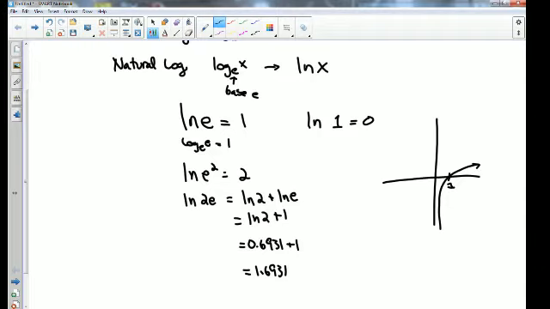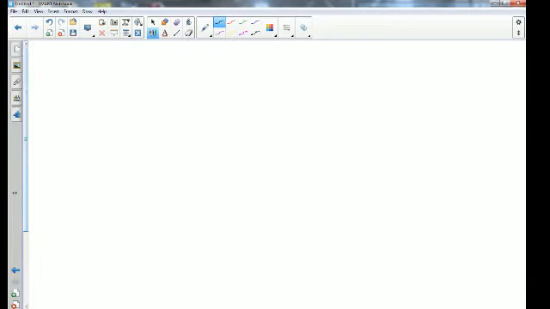Okay, so general log information there on natural logs. Let's take that and change it to natural log.